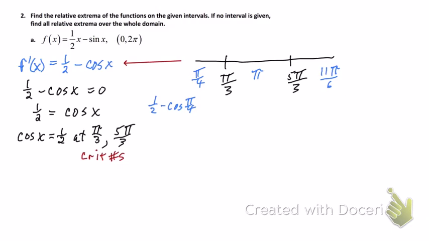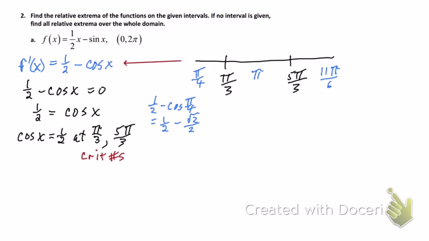Cosine of pi over 4. Pi over 4's that one down. Right? Cosine is square root 2 over 2. So I've got 1/2 minus the square root of 2 over 2. Y'all, we don't have to figure out the exact number. Is that going to be a positive result or a negative one?